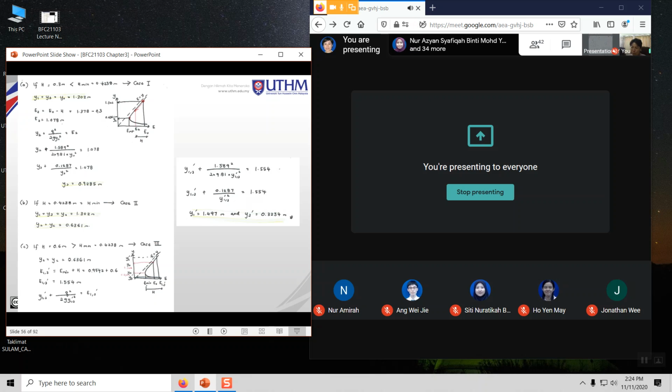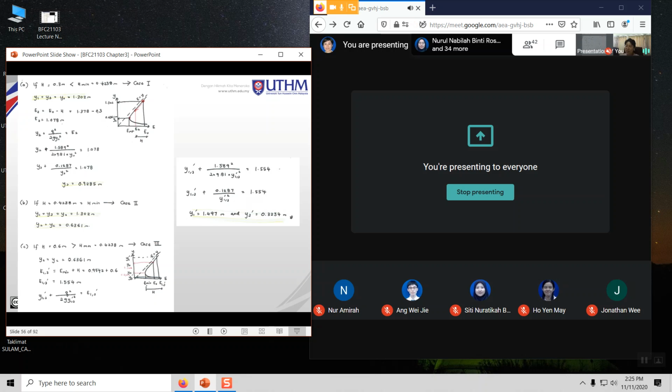It is case 2. So therefore, your Y1 equals Y0, your Y3 equals Y0 equals 1.302 meter, and your Y2 equals YC, which is 0.6361 meter. That's it. You have the answers.